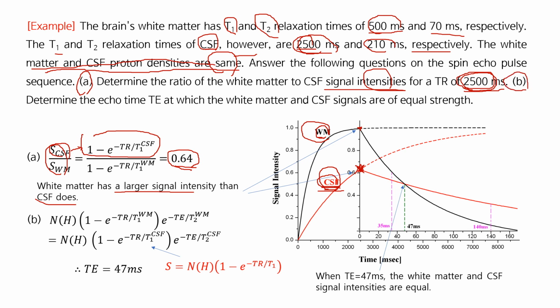Determine the echo time TE at which the white matter and the CSF signals are of equal strength. Once the longitudinal magnetization has recovered up to time TR, the spin echo pulse sequence starts. Okay, and the transverse magnetization, which was created by the 90-degree pulse of the spin echo pulse sequence, is now decaying.